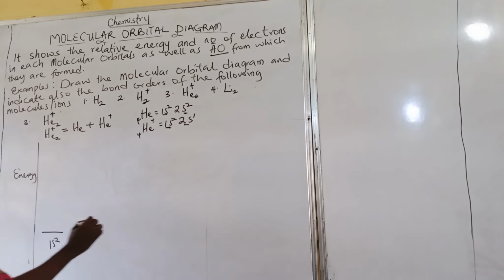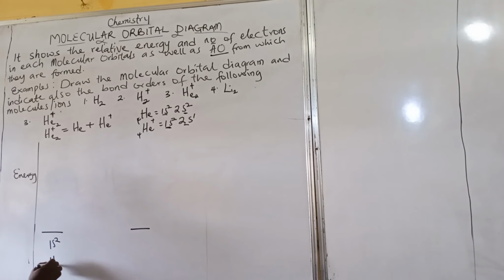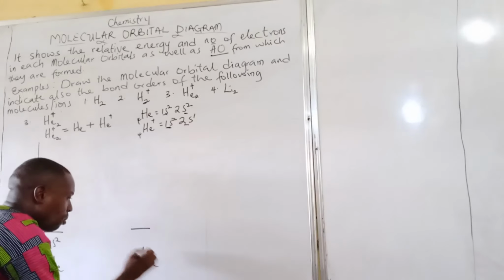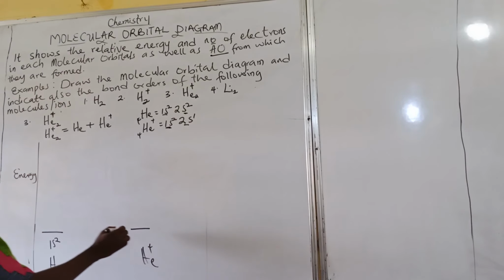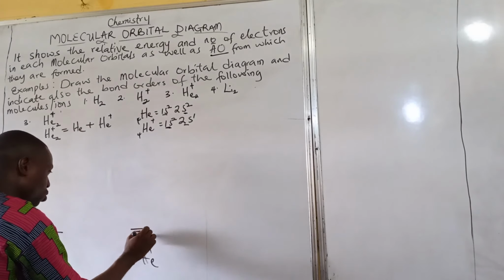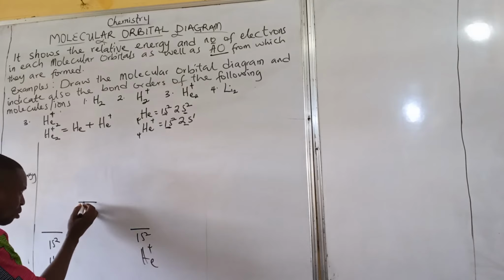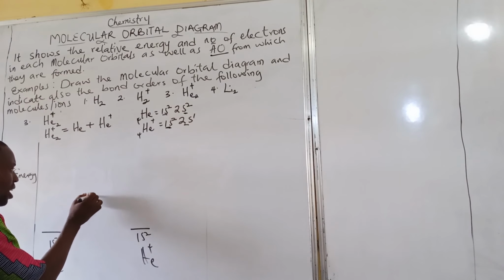Then come here again. That's for helium. That's for helium ion. Here is also what now? 1s2. So this is for the antibonding sigma 1s.